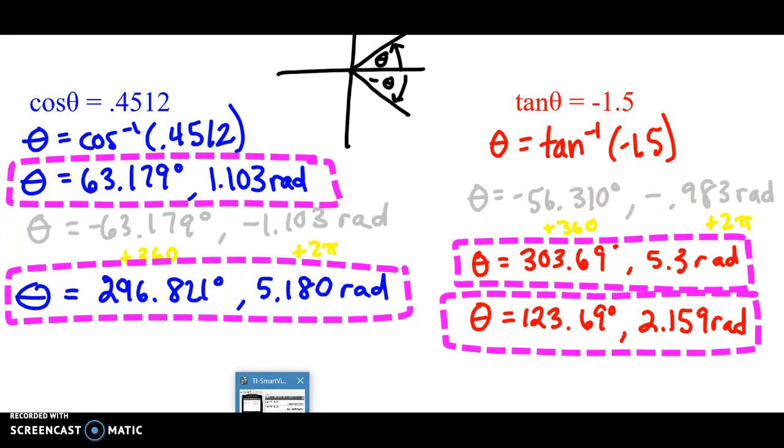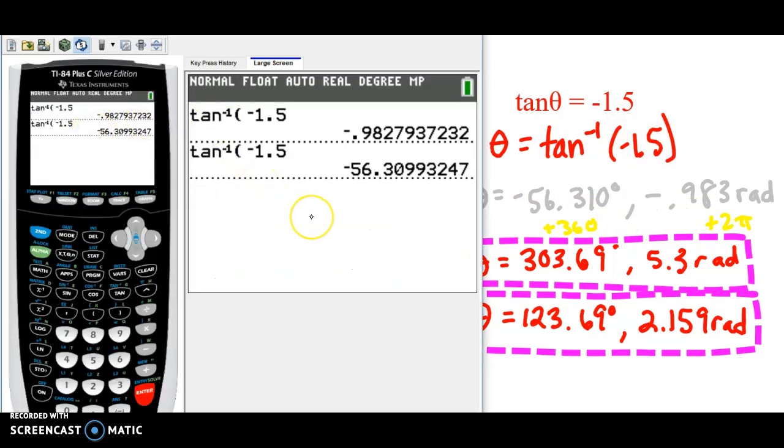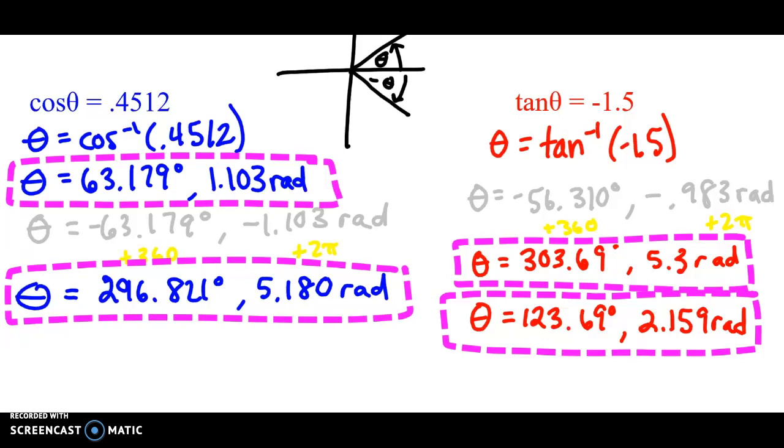That's what I got. I got a negative answer for my degrees and for my radians, which right away you realize is not part of my domain. So to get its coterminal angle, of course, we add 360 and add 2 pi, which is where I got this answer.